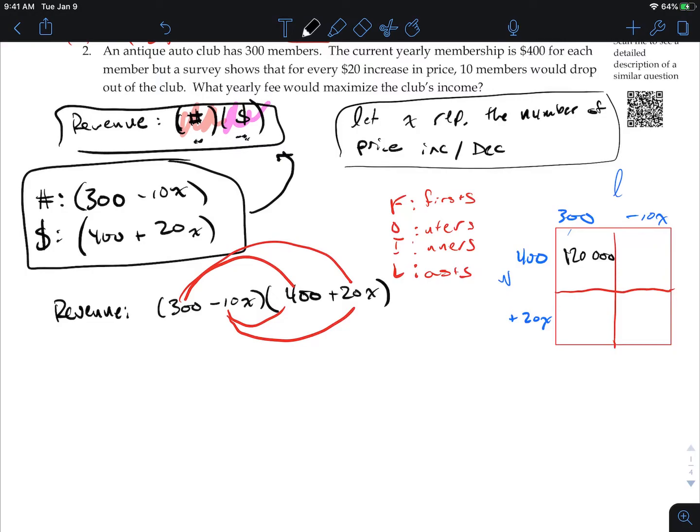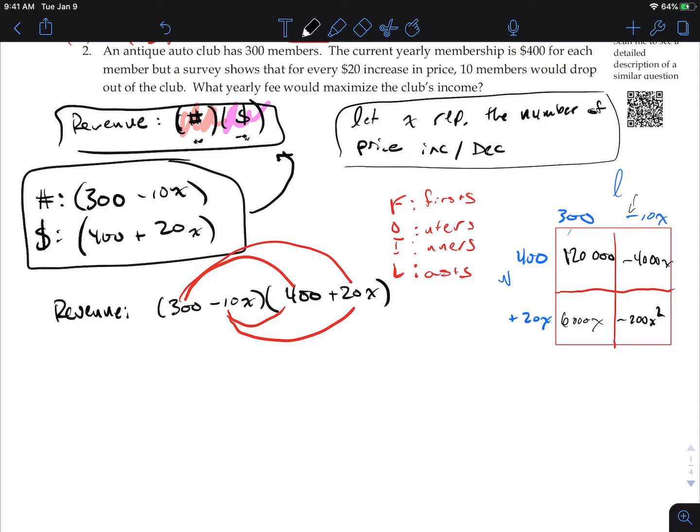Then 400 times negative 10x is going to be negative 4,000, because the negative's here. And then 20 times 300 should be 6,000x. And then 20 times negative 10 should be negative 200x squared.